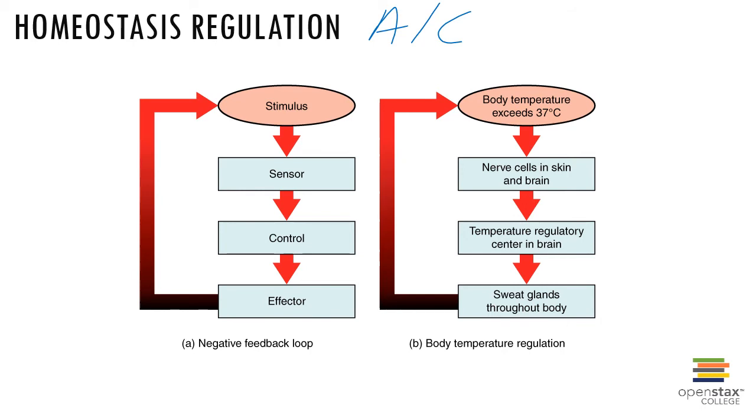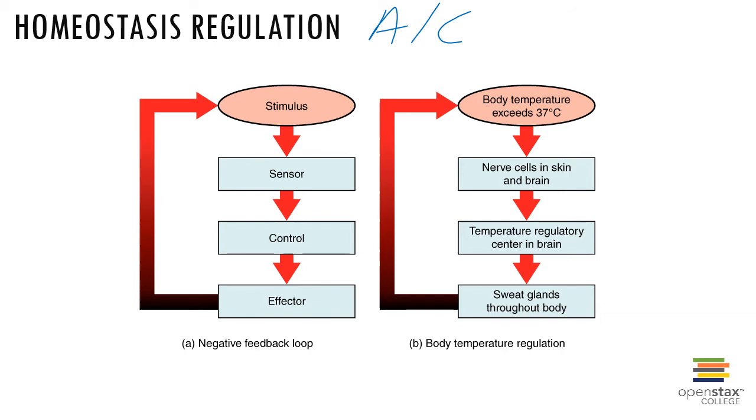In our bodies, in the internal environment, body temperature usually wants to be about 37 degrees Celsius or 98.6 degrees Fahrenheit. If it gets too hot, due to running a marathon, there are receptors in our skin, in our muscles, and throughout the bloodstream that say, hey, temperature is getting too hot.